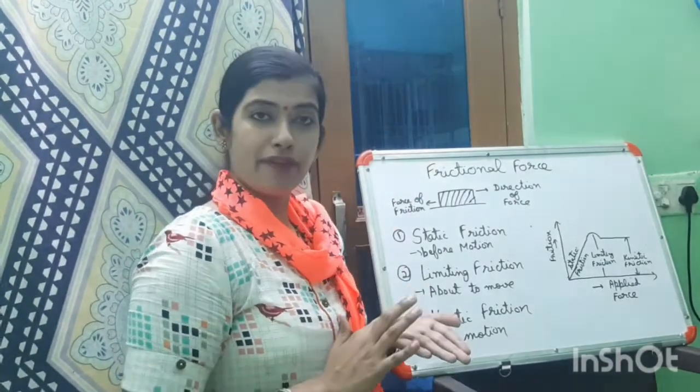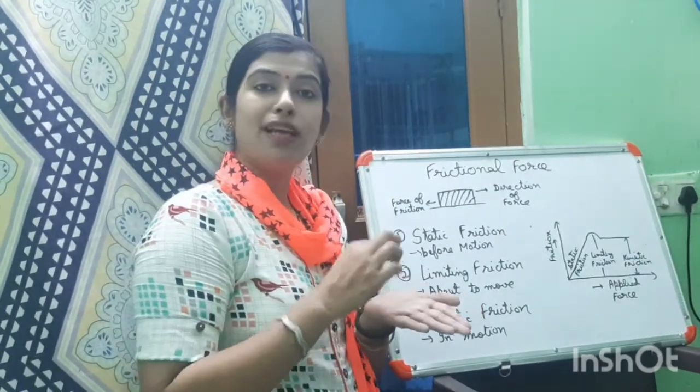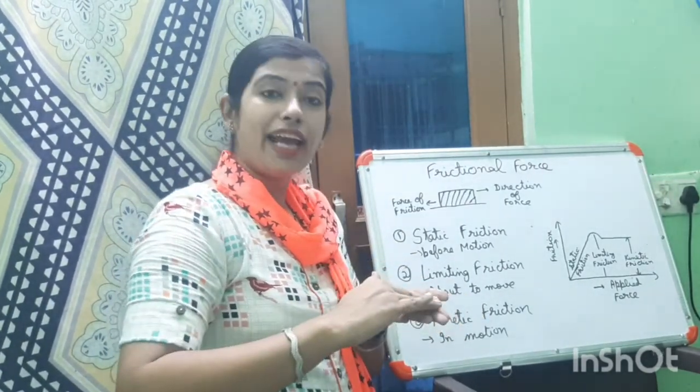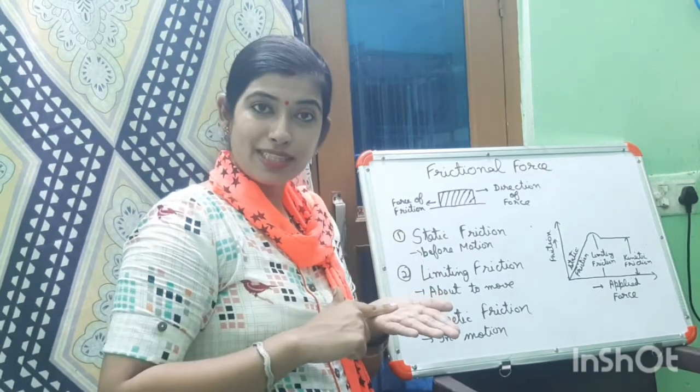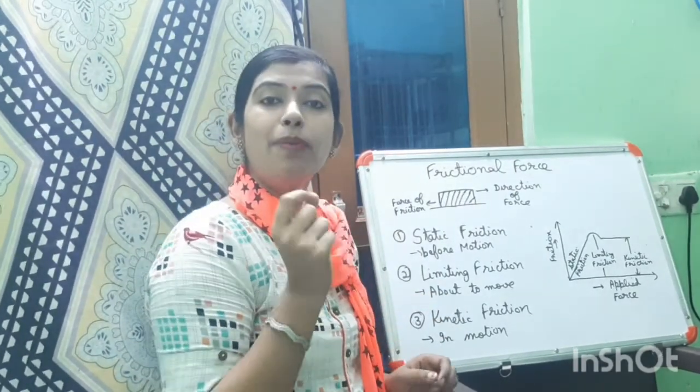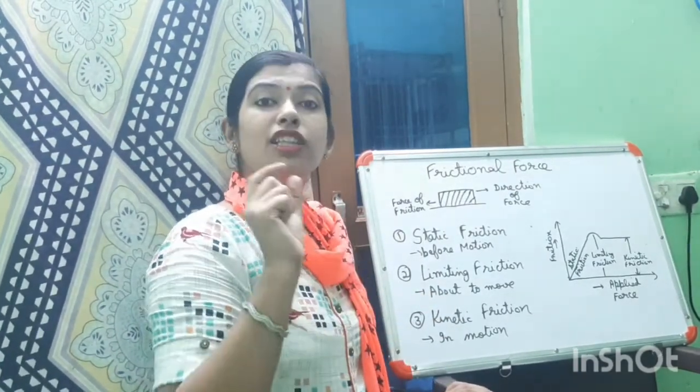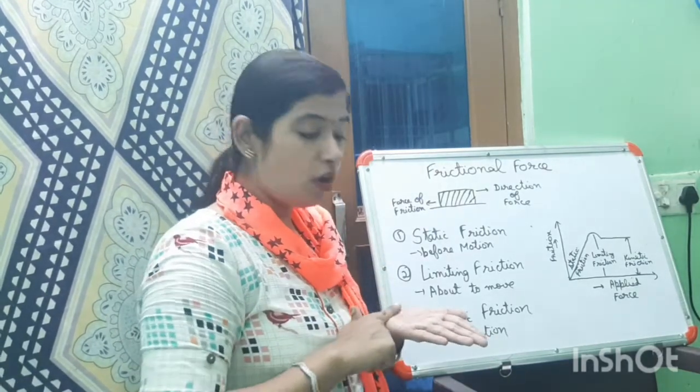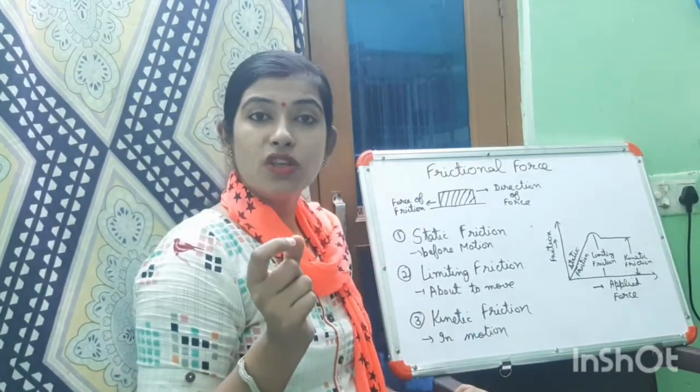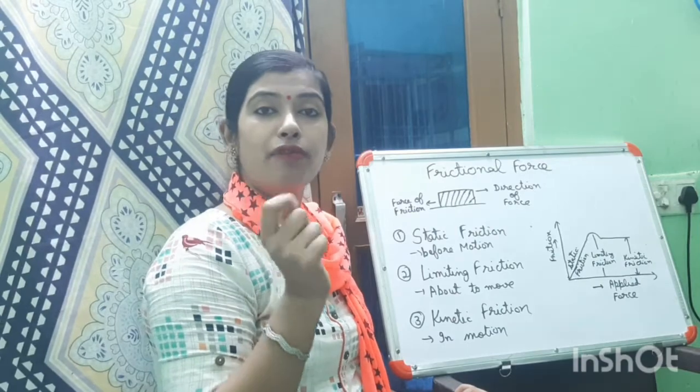Suppose this is a surface, and if we place a block here and try to move that block on this surface, then there will be a force opposing the motion of that block on this surface. This is known as frictional force.